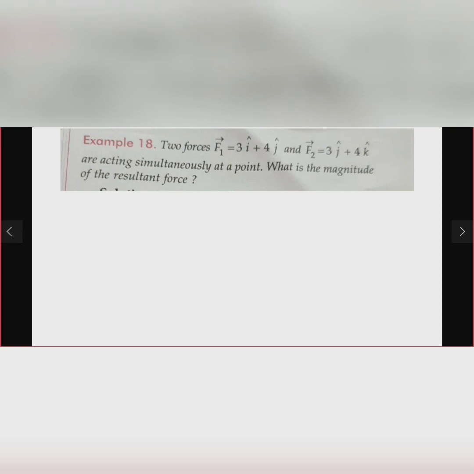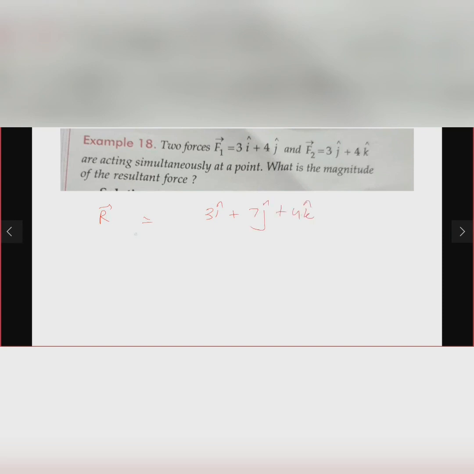So F1, F2 are given. They're acting simultaneously. So the magnitude of the resultant force would simply be that you add the two vectors and find out its magnitude. So कैसे करेंगे? So the resultant would be 3i hat plus 7j hat plus 4k hat.